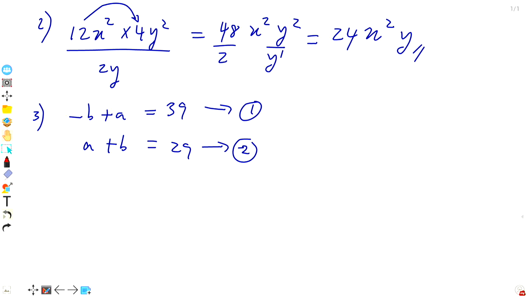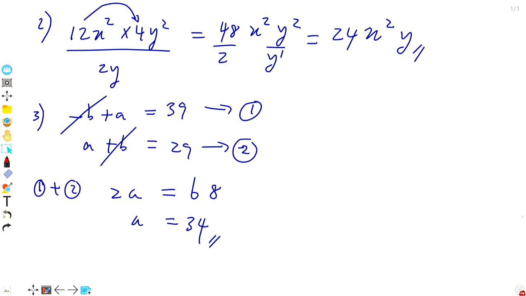If you add these together, 1 plus 2, you can see minus b plus b will go, and then a plus a is going to be 2a. When you add these together, it's going to be 68. So a is going to be 34.